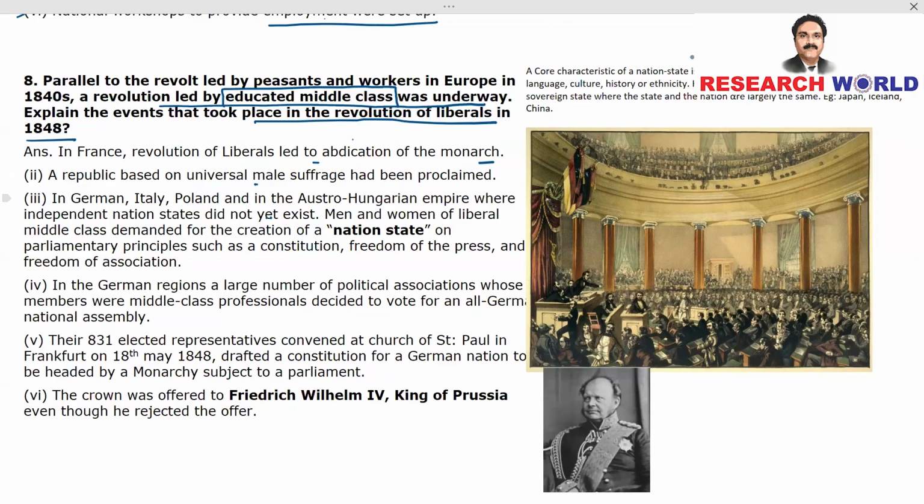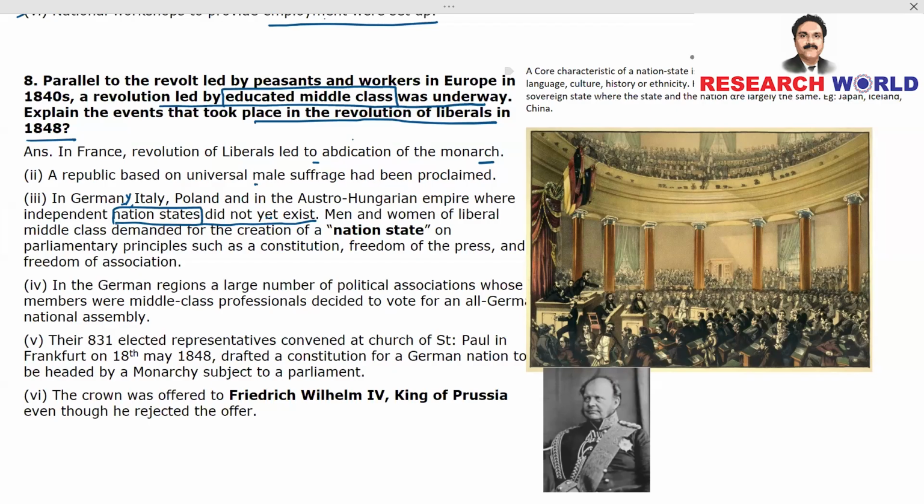Now, the third point: in Germany, Italy, Poland, and in the Austro-Hungarian Empire, independent nation states did not yet exist. This concept of an independent nation state we have been discussing throughout these first three chapters. And what is a nation state?